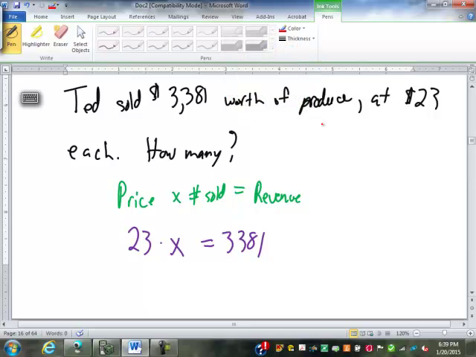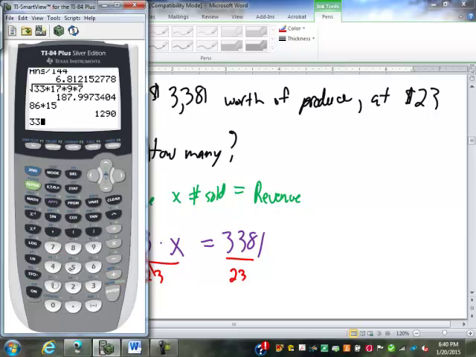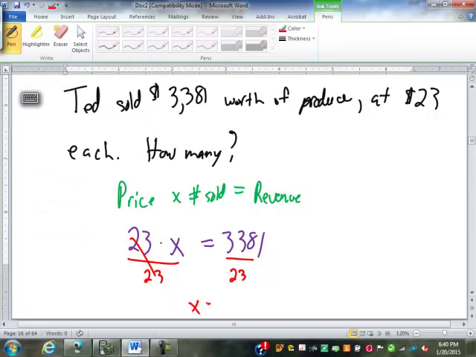So in this case, it isn't so bad to write the equation because there's a standard formula that we can just plug in the amounts to. To solve that, we would divide by 23. So 3381 divided by 23, 147. So we sold 147 units.